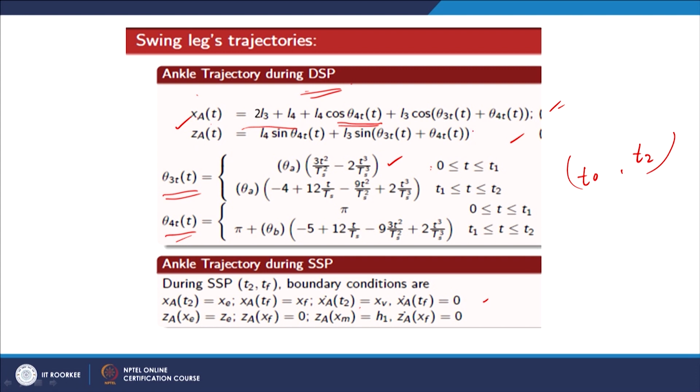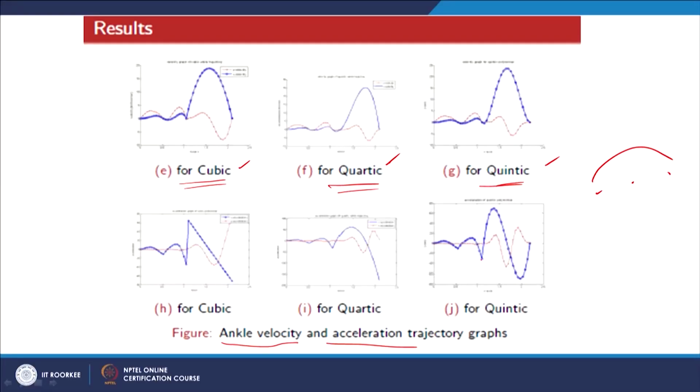These are plotted for various types of trajectories in this graph, and it shows that the acceleration curve is discontinuous in some cases, but it is continuous in the case of the 5th degree polynomial. So, we will get a smoother curve using a 5th degree polynomial.